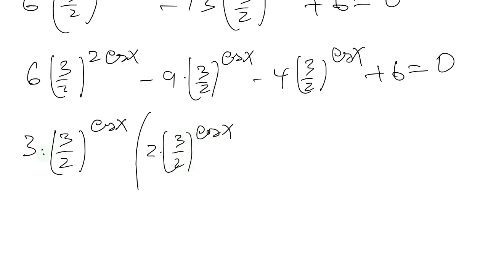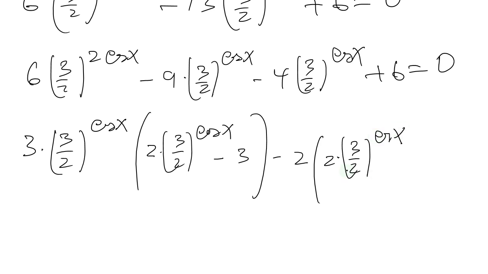This one times this one is this one, minus, and here I'm just going to have 3 minus 3, because this times this gives this one. Minus, here we take 2, which will multiply 2 times 3 over 2 to the power of cos of x, and then 6 here, minus 3 equals 0.